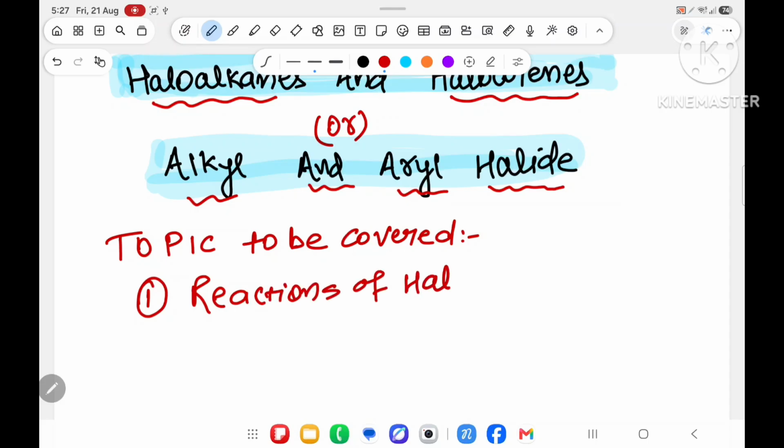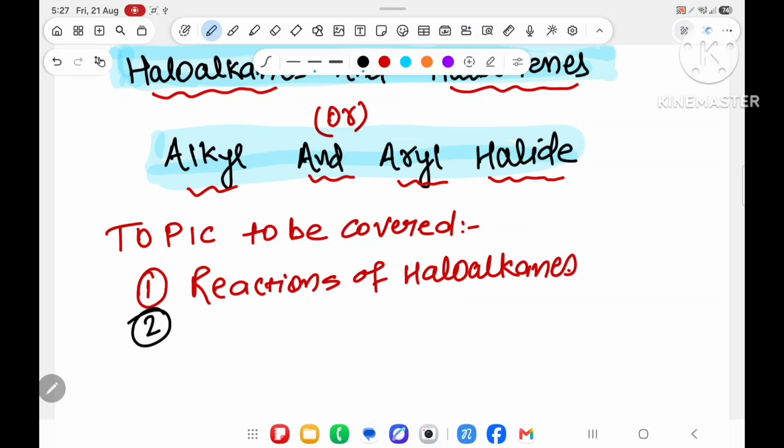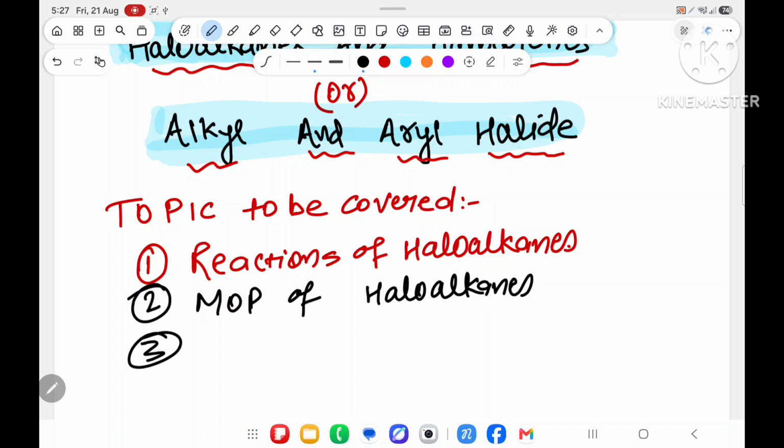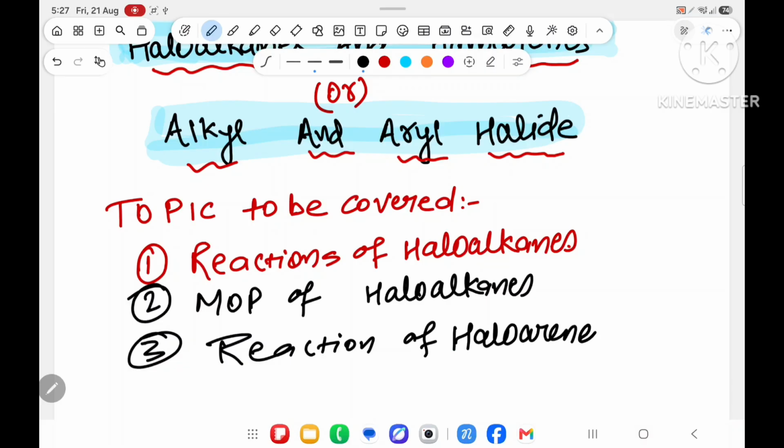of haloalkanes. Then the second topic I will cover is method of preparation of haloalkanes. Then the third topic I will cover is reaction of haloarenes.